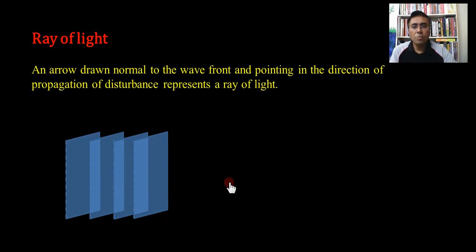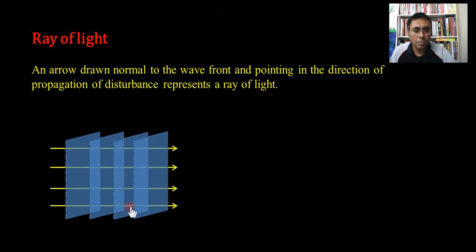Now let's see the relation between the ray of light and the wavefront. The ray of light is basically an arrow drawn normal to the wavefront, and it points in the direction of propagation of the wavefront. Say for example, if this is the plane wavefront and the disturbance is propagating from left towards right, then the rays will be parallel arrows, because these parallel arrows would be normal to the plane of the wavefront.